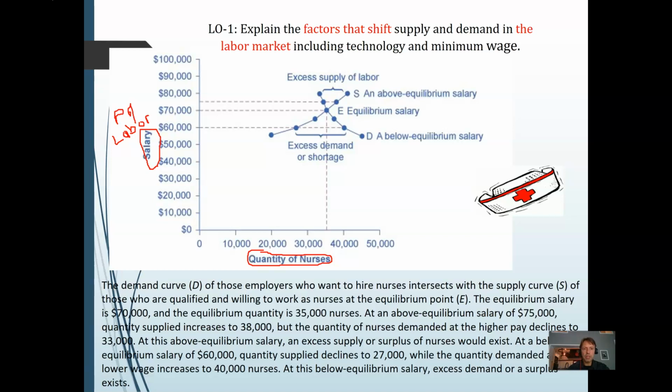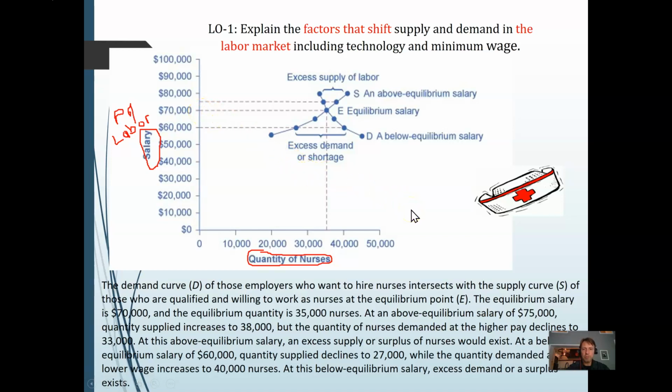And what you can see is there's an equilibrium point of when the quantity of nurses, people who want to work in nursing and nursing jobs available, meet at that equilibrium cross point. We would have about 35,000 nurses and they would be paid $70,000.